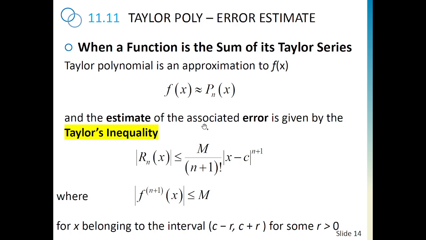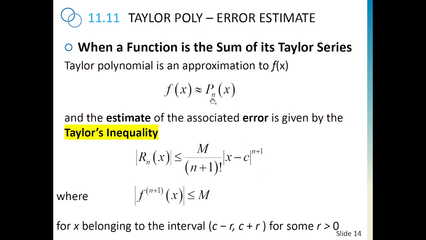And now we need to estimate the error associated with that approximation. For that we use the famous Taylor's inequality, where the remainder, so the error, is smaller than this expression that we saw previously, where M is an upper bound on the derivatives on certain interval. So normally we are given an interval on which to work. On that interval we need to find an upper bound for the derivatives. Once we do that, we have an upper bound for the error. So that's very important. So this part here needs to be memorized.